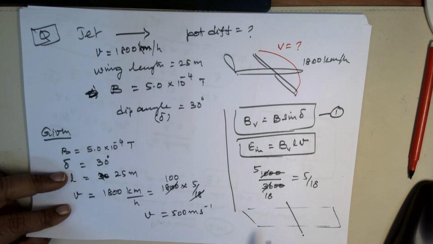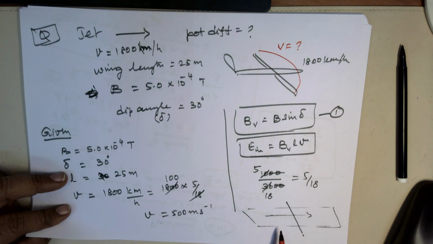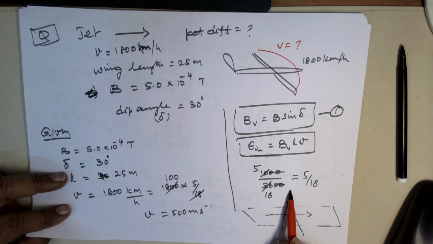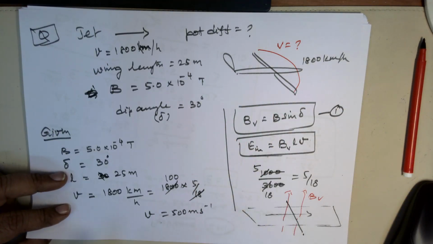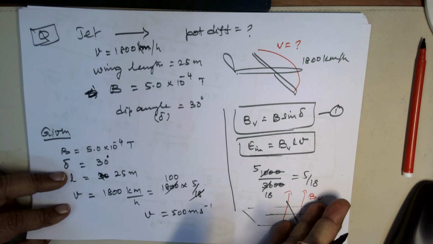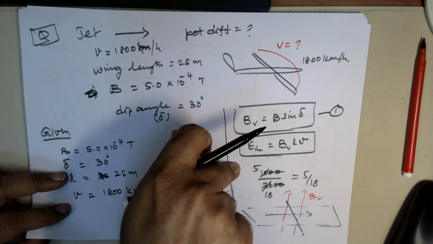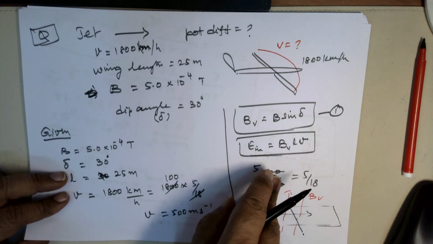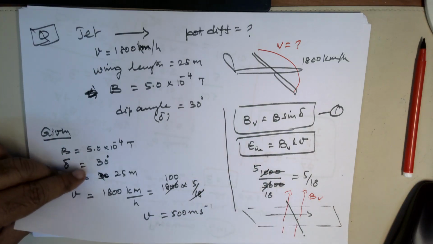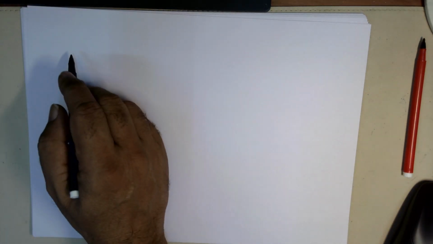The plane is going like this, right? And what about the vertical component of the magnetic field? It goes like this. I hope now you understand why I have calculated BV. This BV has to be cut, and thereby you are able to get the induced EMF across the wings. Are you able to follow? So that is what we are calculating.